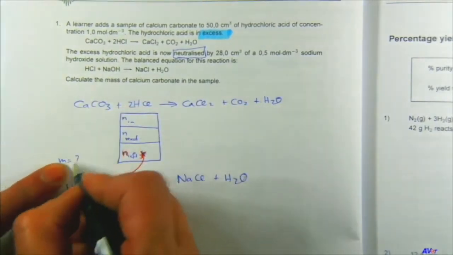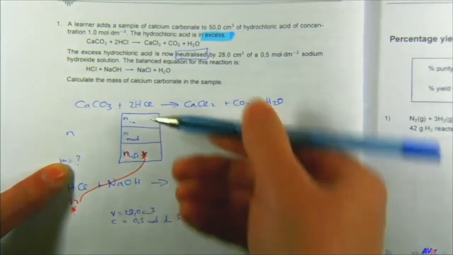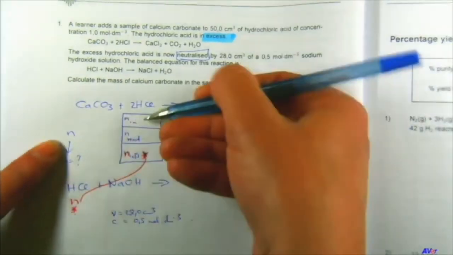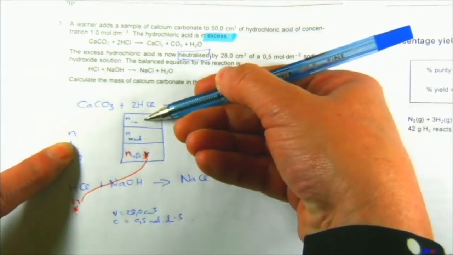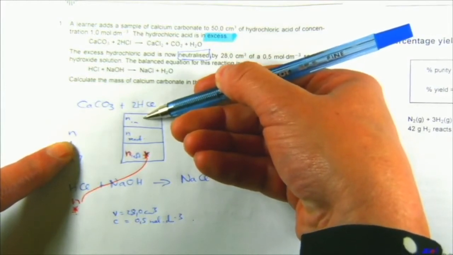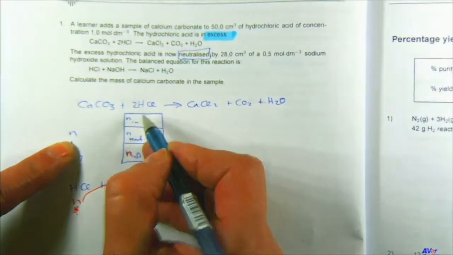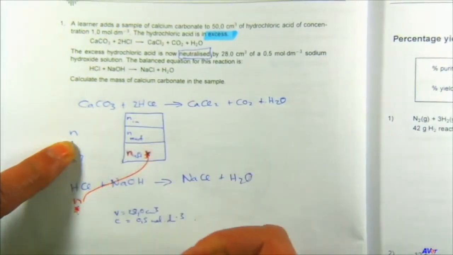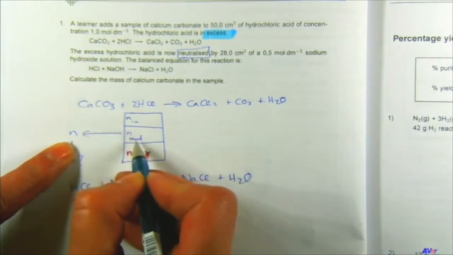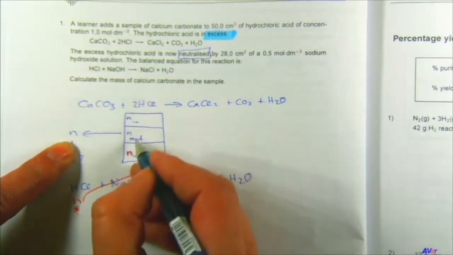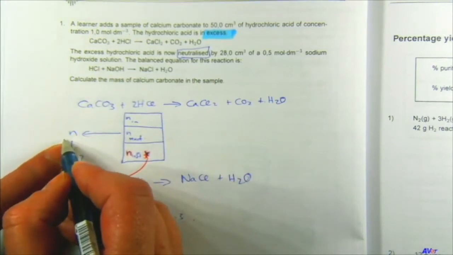But to get mass, I need moles. Do I get those moles from what I put in, the HCl? No, because not all of that HCl is going to react. That's more than enough. That's excess, so I can't work with that. Some of that will be left over. I should work with what reacted, because the HCl that reacted will tell me how much calcium carbonate reacted.